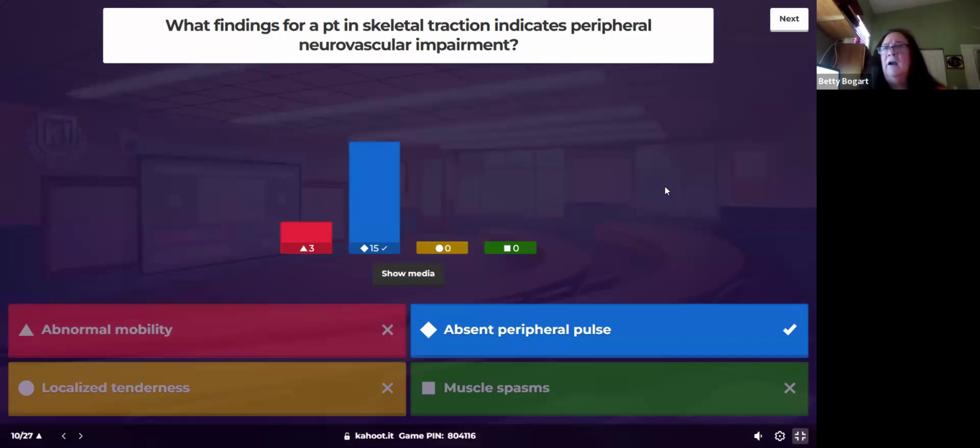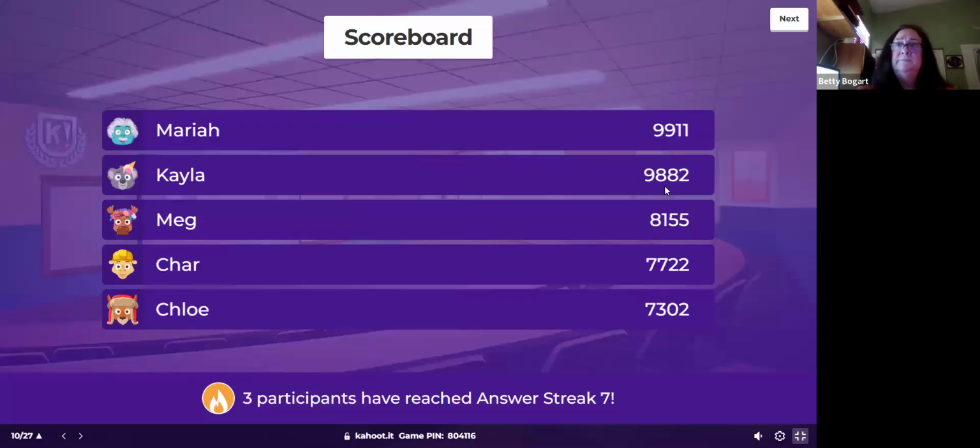Capillary refill isn't there. It's getting pale. It's probably getting a little numb, and there's a problem. No blood flow going. So we need to immediately tell the doctor about an absent peripheral pulse because we need to get pulses down there quick so we can feed the tissue what it needs.